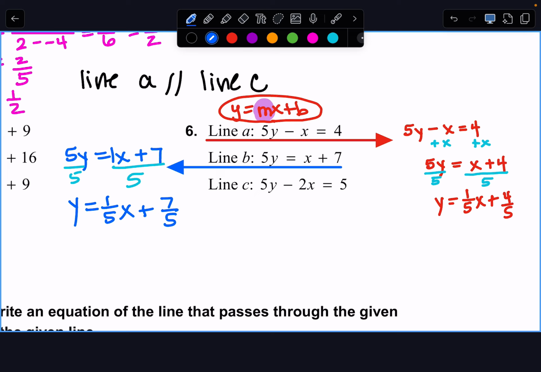Solve for y in line C. It's cool if you talk to each other about it. I hear some people comparing answers. That's good, that's good.